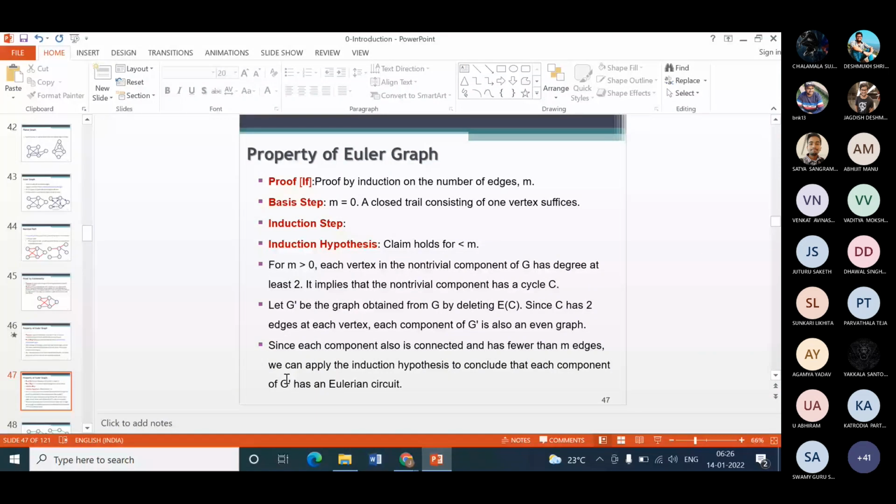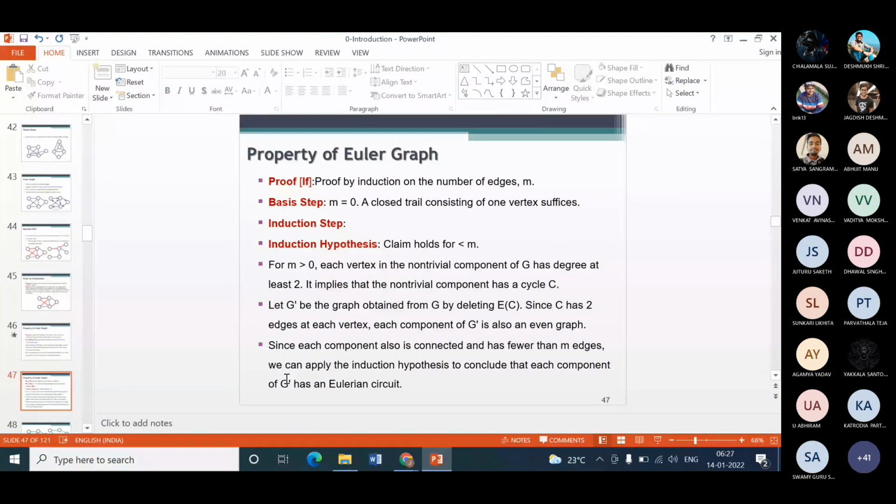Then we get another even graph. Since that is an even graph, we again get another cycle, and I remove that. One by one we remove these cycles, and after some time there is no cycle left in the graph. So we have a few cycles in our hand. Now our objective is to stitch together these cycles in such a way that we get an Euler cycle.